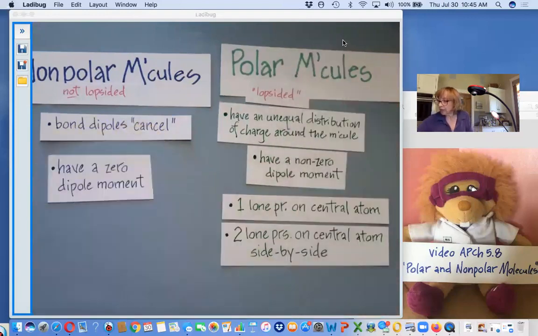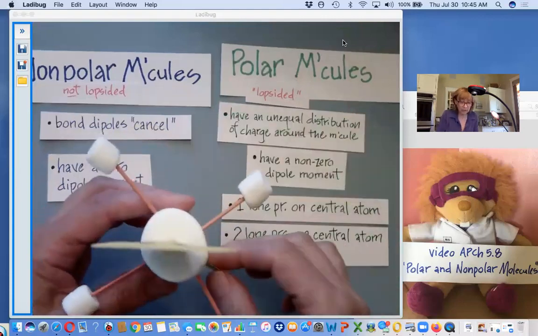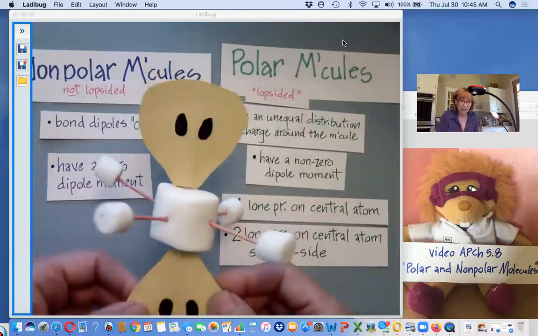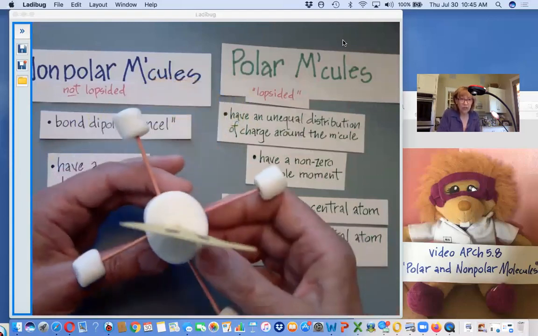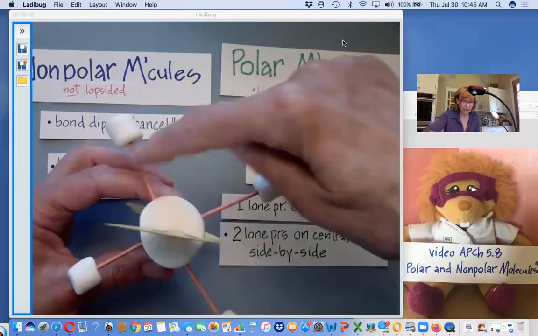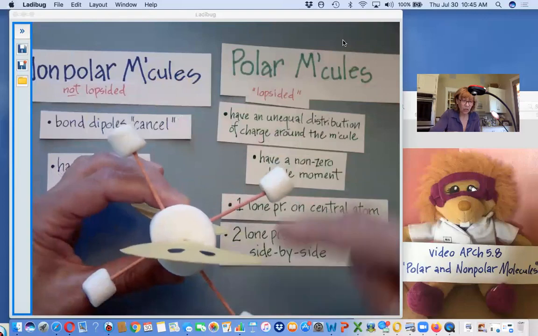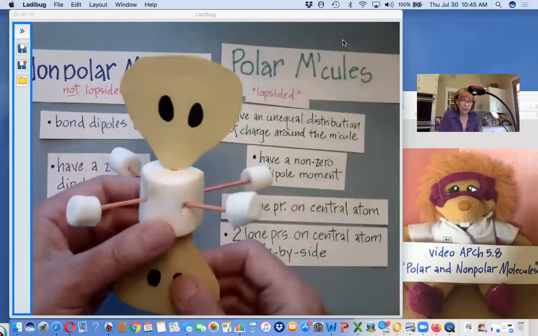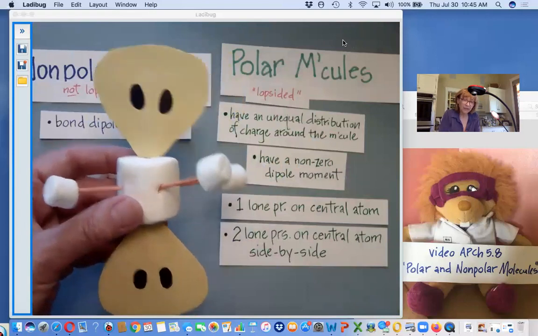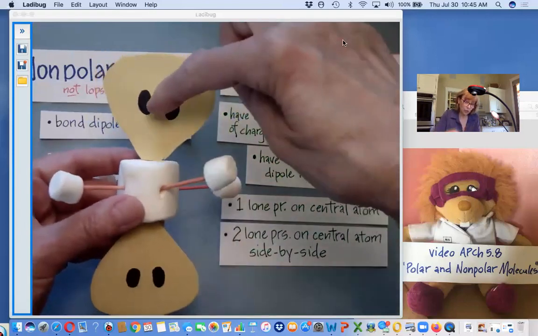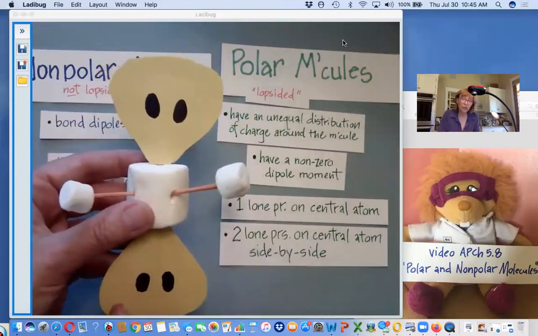But I want to contrast that with this structure. Do you remember this one? That came from having 6 electron domains on the central. When you have 6 electron domains, if you put 4 electron domains as bonds around the equator and your 2 lone pairs on the axial position, this is an instance where your 2 lone pairs are 180 degrees apart.